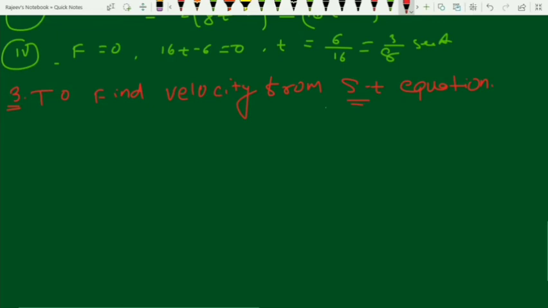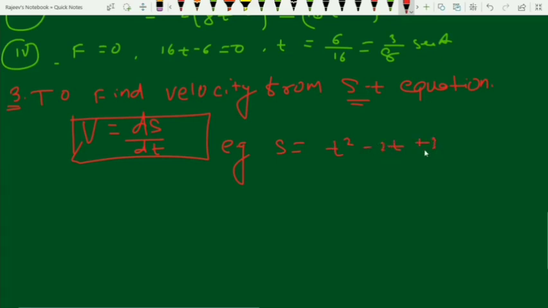Suppose that here we know that V is equal to ds by dt. This one you have studied in class 9th. Take one example, S is equal to t square minus 2t plus 3.